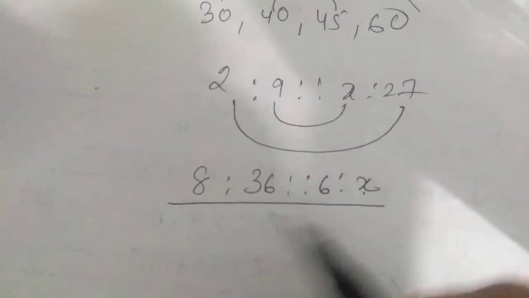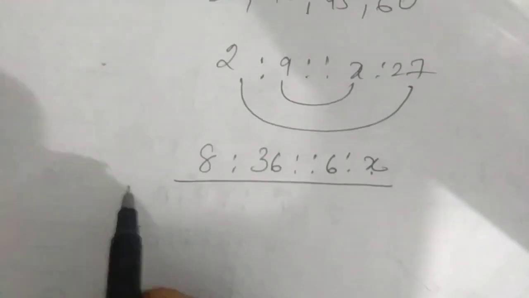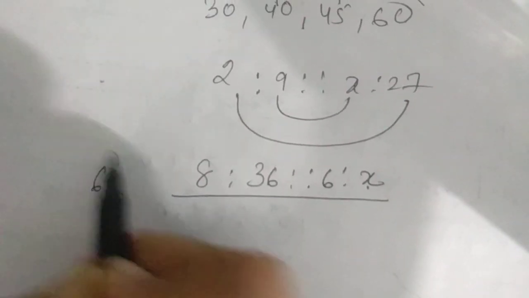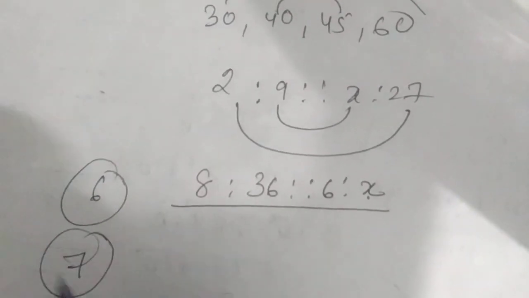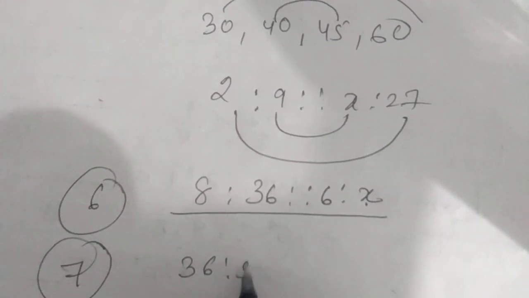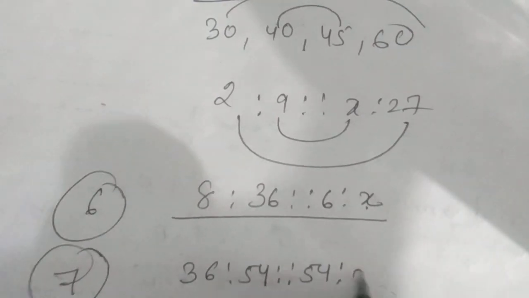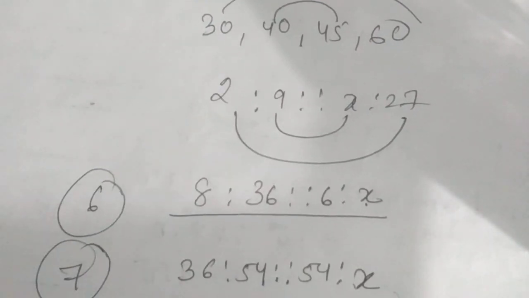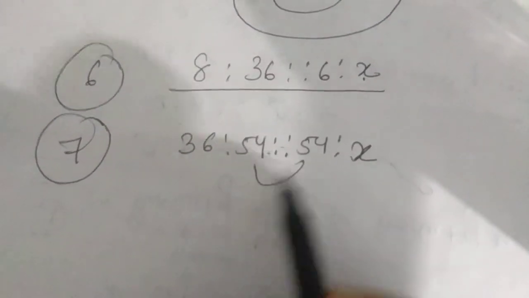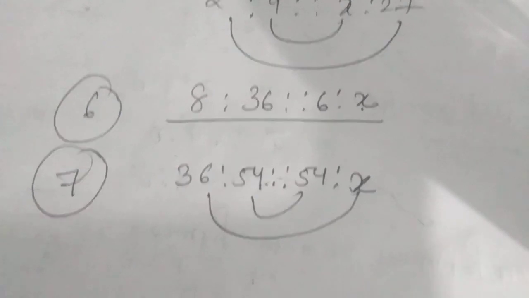In the seventh question, when you solve, the numbers are in continued proportion. So 36:54 is in proportion to 54:x, because 36, 54 and x are in continued proportion, and the same process, students, you will solve for x. The 7th and 8th are in the same pattern.